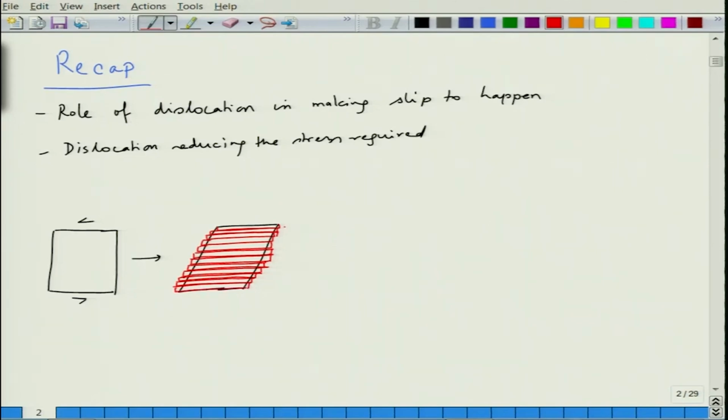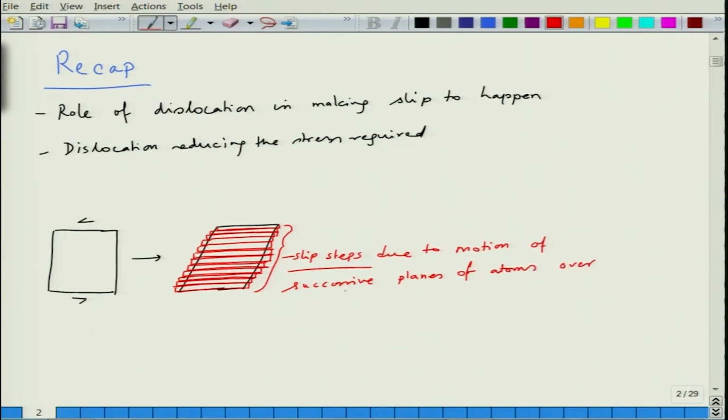So these are the slip steps on the surface due to motion of successive planes of atoms over each other.